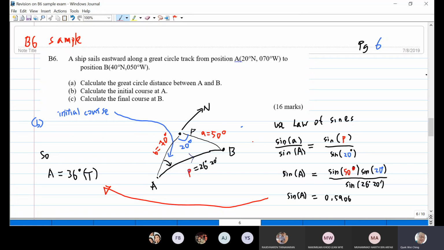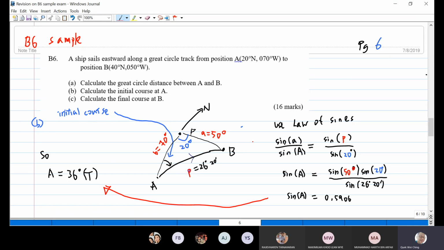So I use the sine law to find out the angle A. After I find angle A, 0.5906, I know what A is now. We find that it's the bearing from A to B, which is called the initial cost.